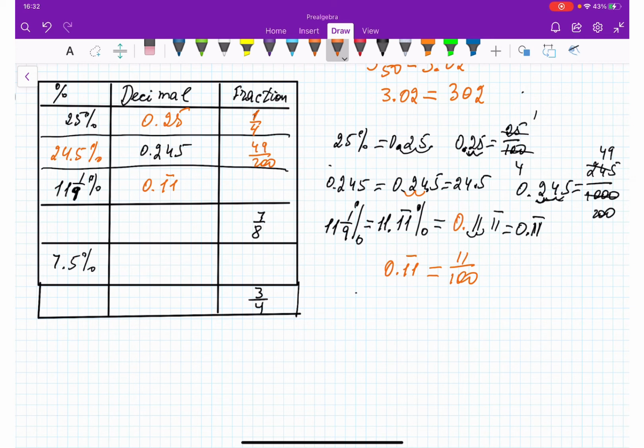That's for fraction. So let's see, 100 divided by 11, it's going to be 1 over 9. Okay? 11 over 100. So approximately it's going to be 1 over 9. All right, let me write down.